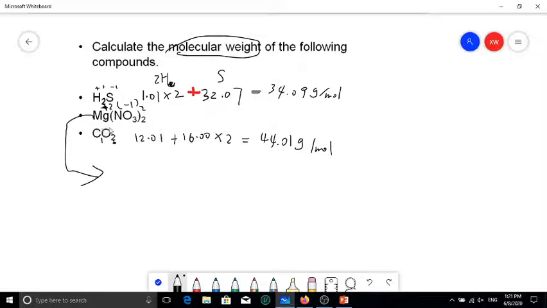Anyway, magnesium nitrate is composed of 1 magnesium. There's no other number around it, so you can look it up on the periodic table. You'll find the molar mass of magnesium is 24.30. Plus nitrogen and oxygen, but there are more than 1 of both. Nitrogen has 2 because of the number 2 here, 14.01.